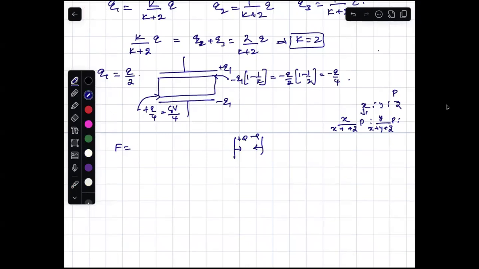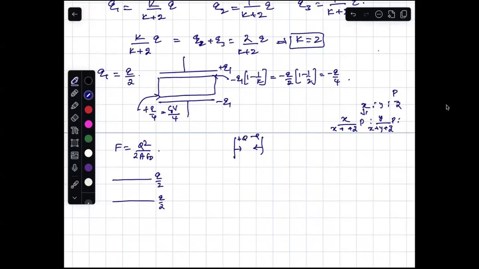The expression for such a force is Q square by 2A epsilon naught. Now, on the first capacitor, I think you got the point, the charge here is Q by 2, Q by 2, right?